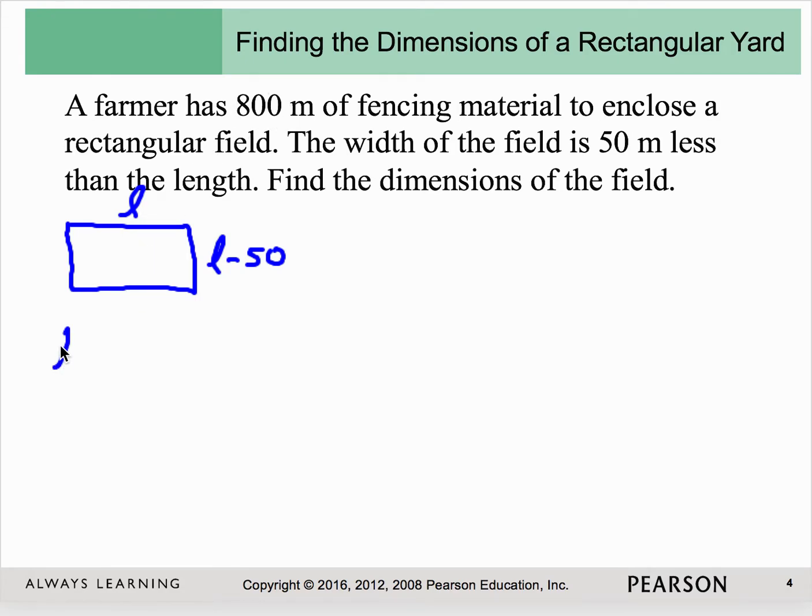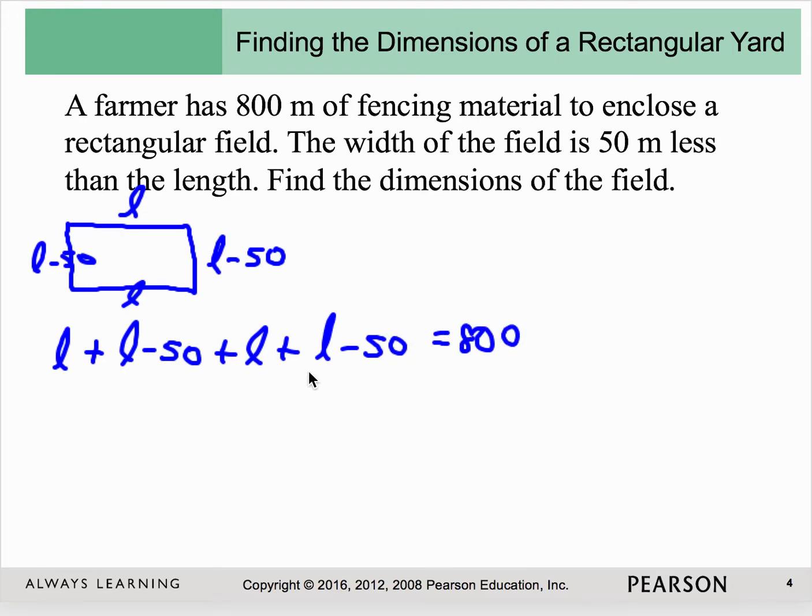So all the way around it, the length plus the length minus 50 plus the length again plus the length minus 50 again, that's got to equal 800 because that's all he has. Here's the two lengths and here's the two widths, right? Length plus width plus length plus width.